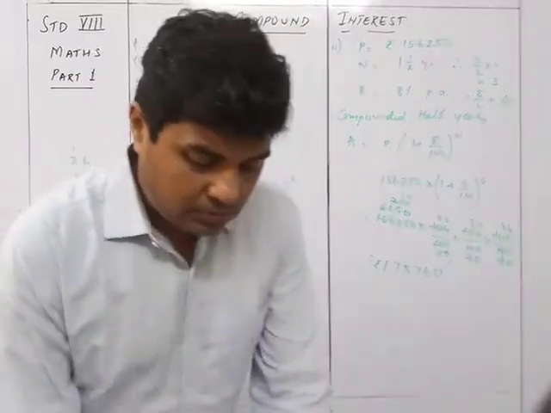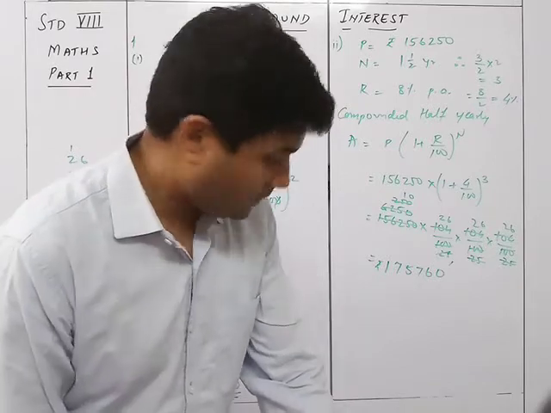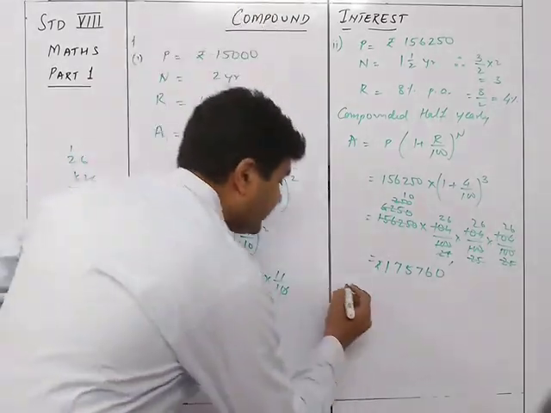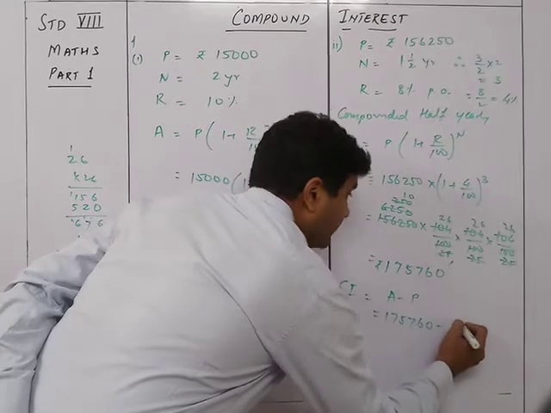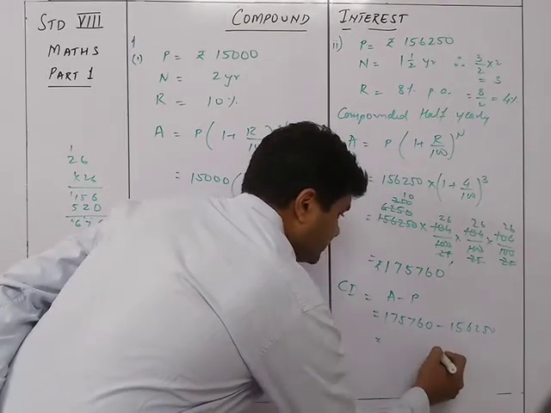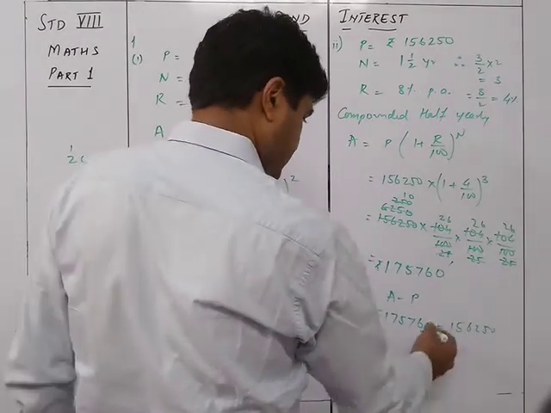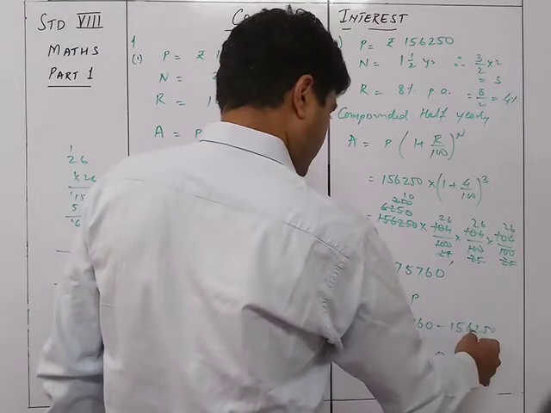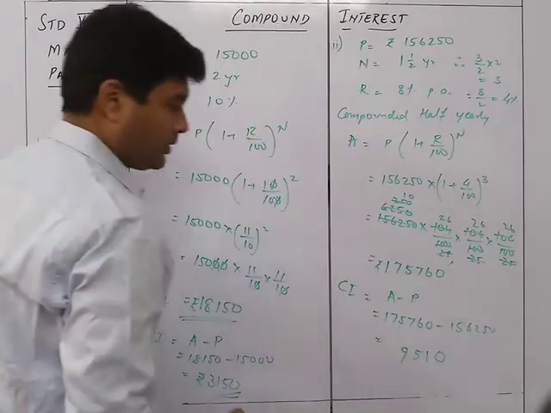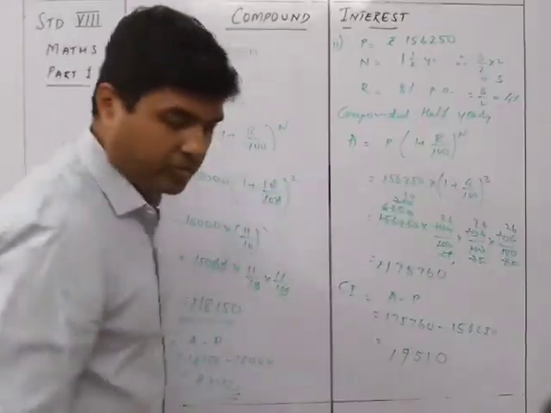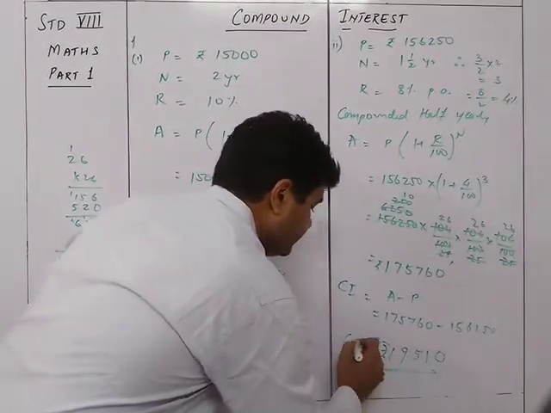Okay, so the amount will be this much, and we also know that the compound interest CI will be equal to A minus P, which is 175,760 minus 156,250, equal to 19,510. So CI is 19,510.